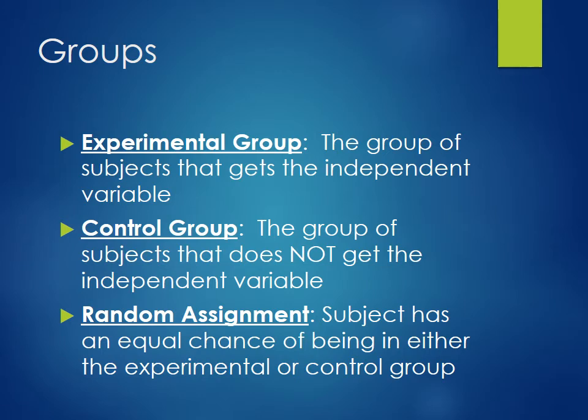Then you'll have different groups. Your experimental group is the group of subjects that gets the independent variable, their messed up sleep. Your control group is the group of subjects that does not get the independent variable. Then you have random assignment, where each subject has an equal chance of being in either group.